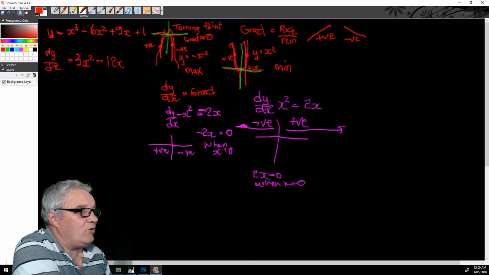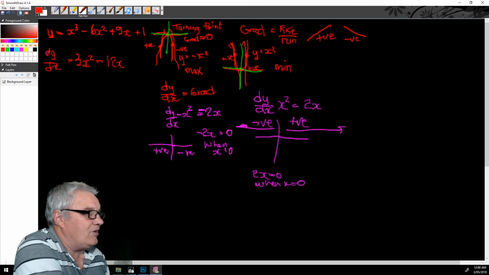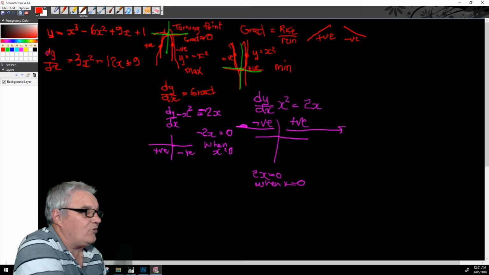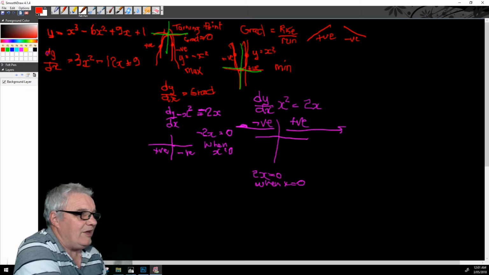What we do is bring the power to the front and subtract 1, so 3x to the power of 2. Then 2 times 6 is 12, so negative 12x, and then plus 9, since 1 times 9 is 9. The constant just disappears. That's it differentiated.